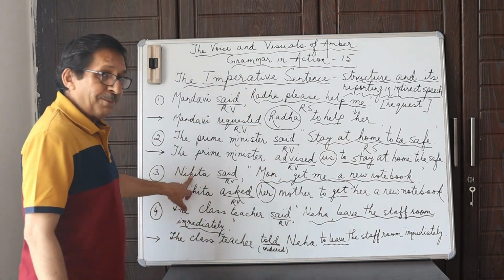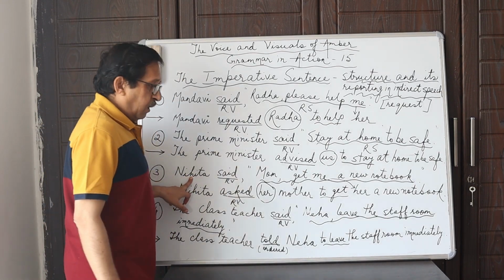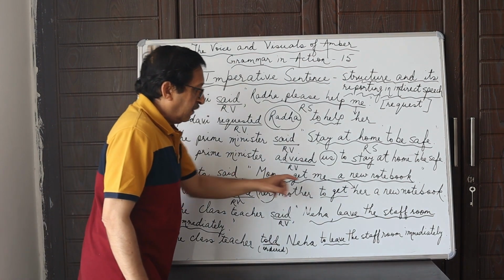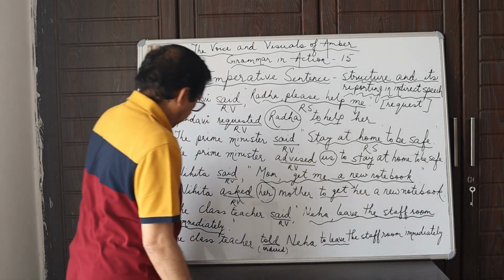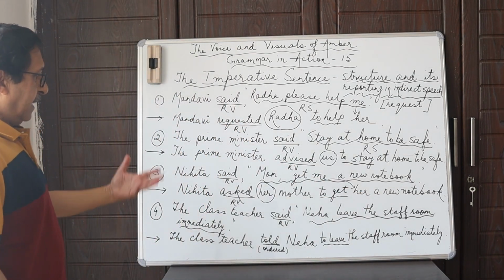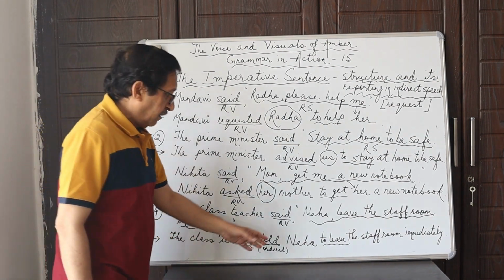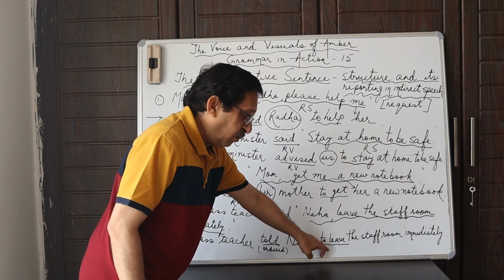And of course we have to keep the gender in mind. Nihita obviously is of feminine gender, so here we have to use "her" and we can't use "his." The class teacher said, "Neha, leave the staff room." So here no pronoun is involved, it's only "to," that is the infinitive, "to leave."